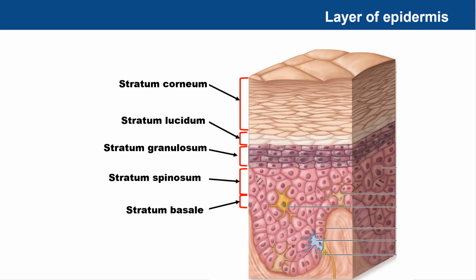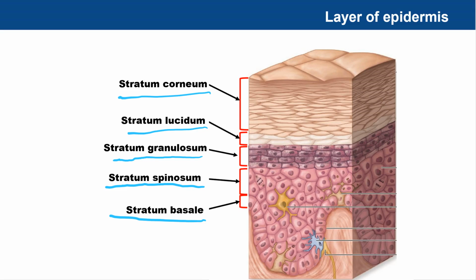Okay, let's review the layers of epidermis one more time. From the deepest, we have stratum basale. On top of the stratum basale, there is a layer of stratum spinosum, and there is stratum granulosum, stratum lucidum, and stratum corneum. So the superficial layer of the epidermis is the stratum corneum.